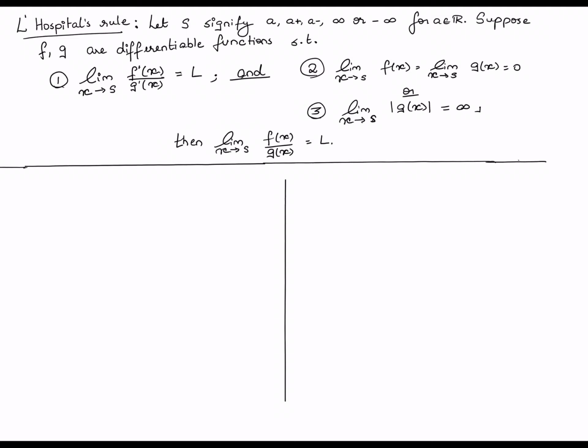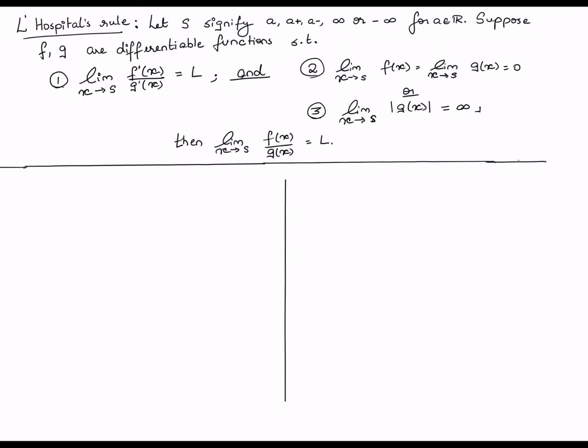And in addition, you need either one of 2 or 3 to hold. 2 corresponds to the so-called 0 by 0 case. That is, as x tends to S, both f and g should tend to 0. And 3 corresponds to the case where the absolute value of g tends to infinity as x tends to S. Now, in this case, we don't need to explicitly assume that the absolute value of f tends to infinity as x tends to S, because that, it turns out, will be implicit from the other assumptions.